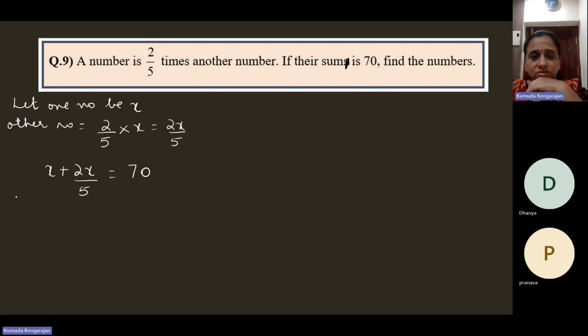A number is 2 by 5 times another number. So in this question, it's about two numbers. So let one number be x. So the other number is 2 by 5 times that first number, x. So 2x by 5. So the two numbers are x and 2x by 5. And their sum is 70.